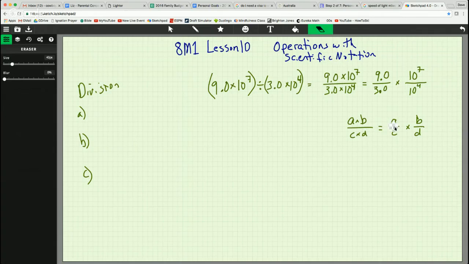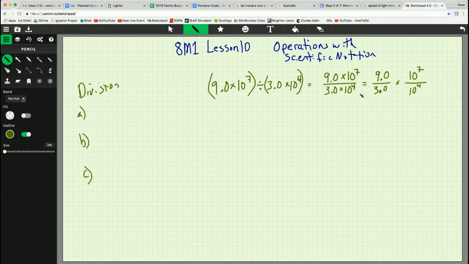So you can just stare at that for a little bit and convince yourself that that's true. These are building blocks that you need to internalize to help understand how and why the rules we're going to build apply.